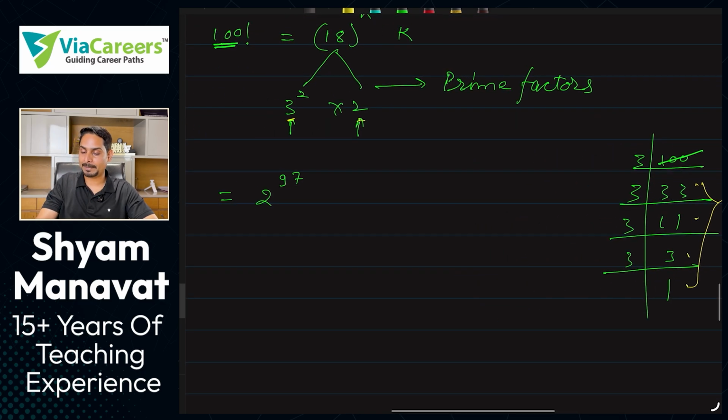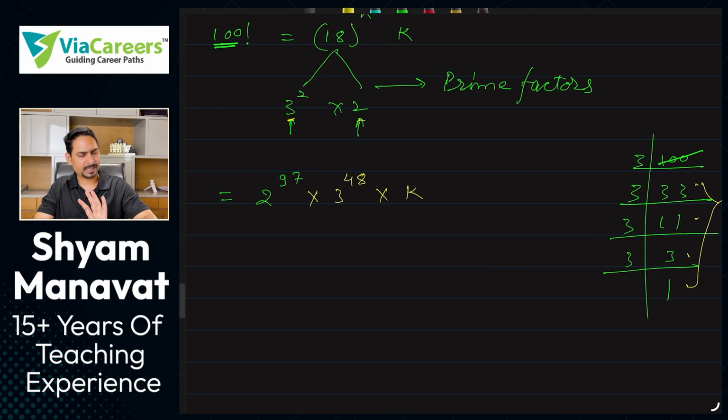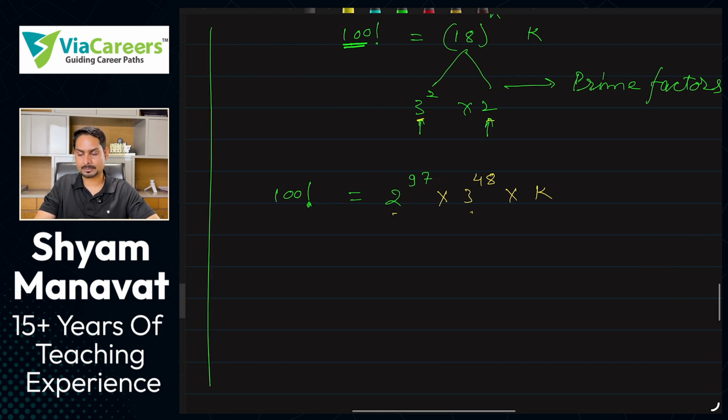So what is the maximum power of 3 you are getting from here? You're getting 48. And then you get some constant, which you don't care about. We need to focus on 2 and 3.